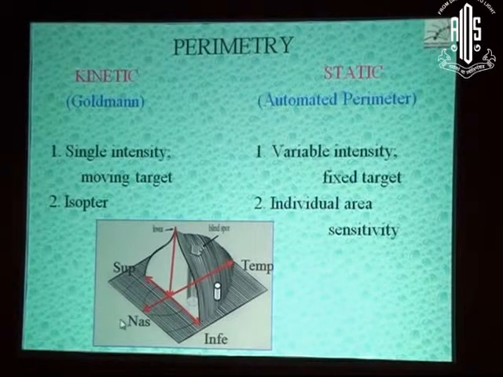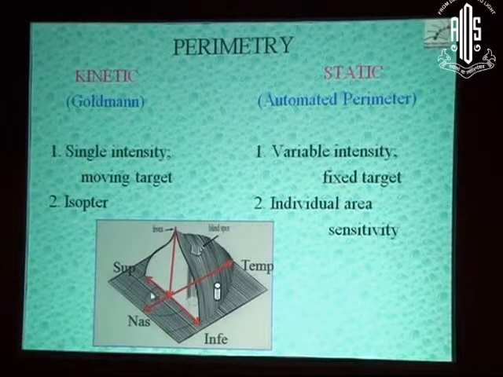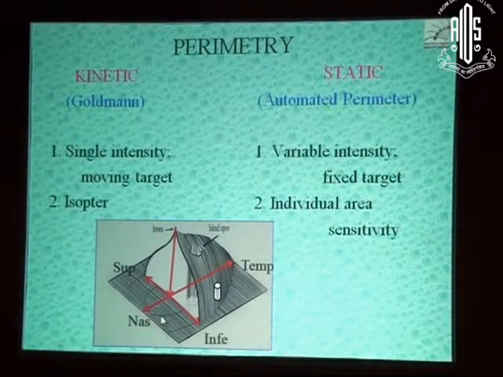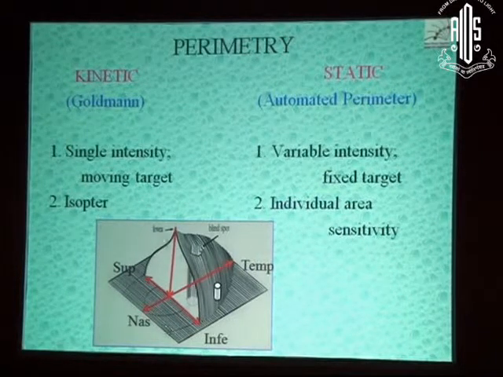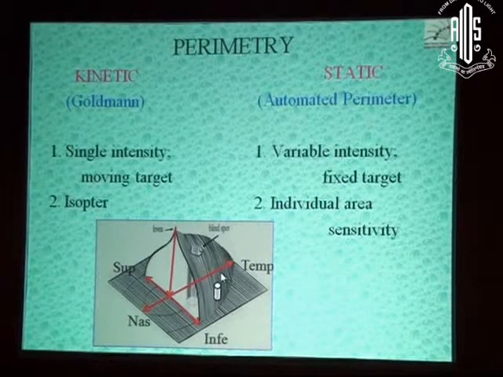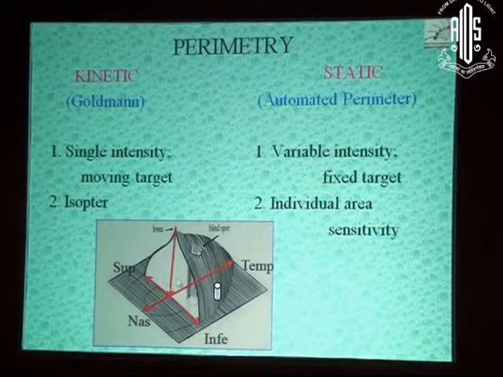So if you move an intensity from this to this seeing area, you will get an isopter. For each target or each stimulus, you will get an isopter like this in the whole field of vision. So the clinician just finds out different types of this field of vision.